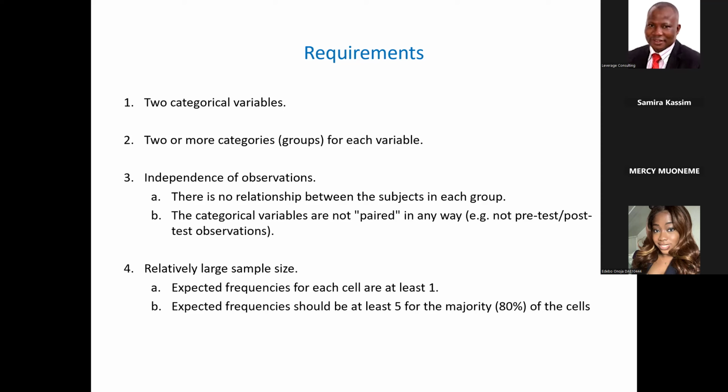If the sample size is very small, in some cells you may have scanty numbers. So expected frequency should be at least 5 in the majority, 80% of the cells. I will explain this one later.